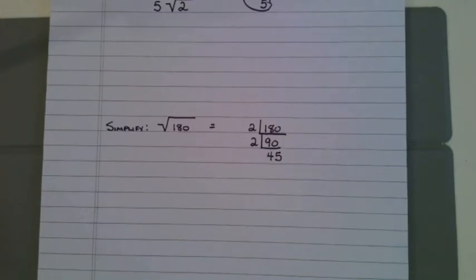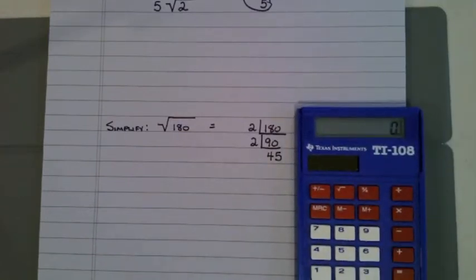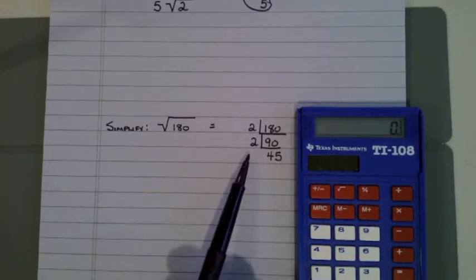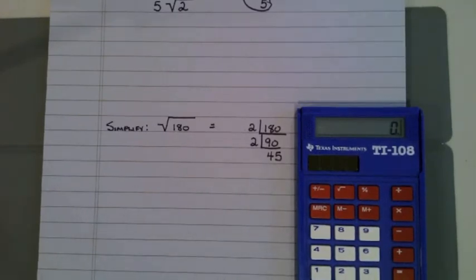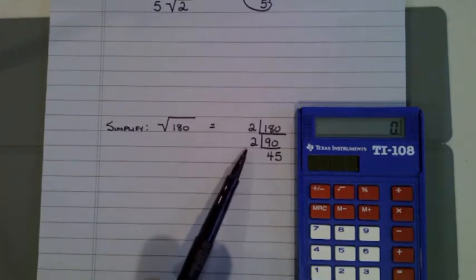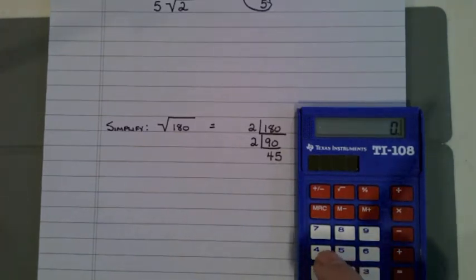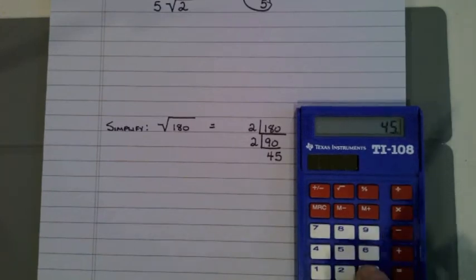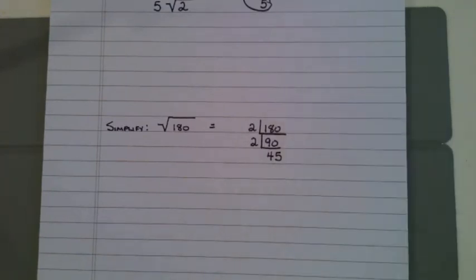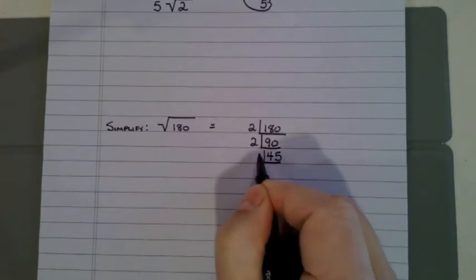is 45. Is 45 a prime number? No. But can I use 2 again to divide 45? No. The next number I need to check is 3. It's good to go in order. You don't have to go in order, but it's really good to go in order. 2 will not go into 45, so I want to try 3. 3 will go into 45.